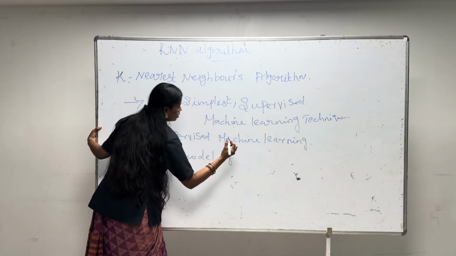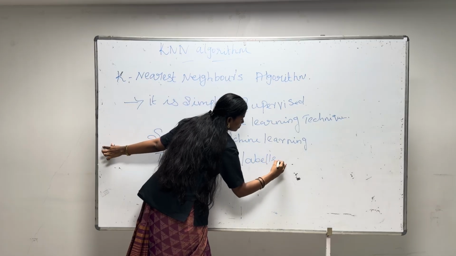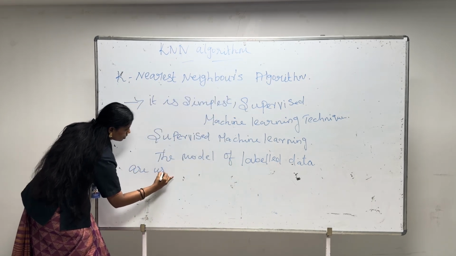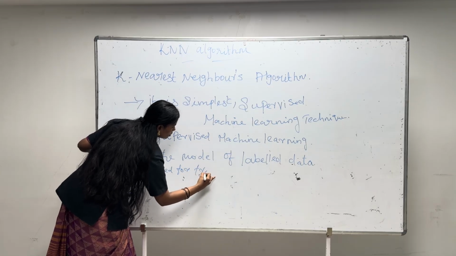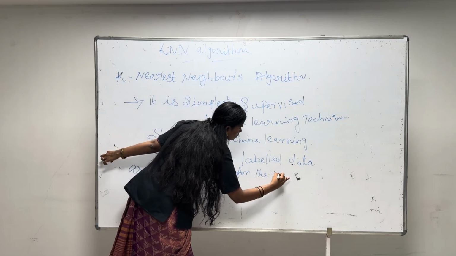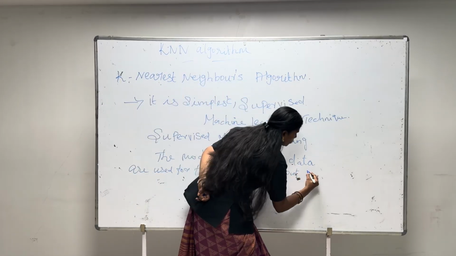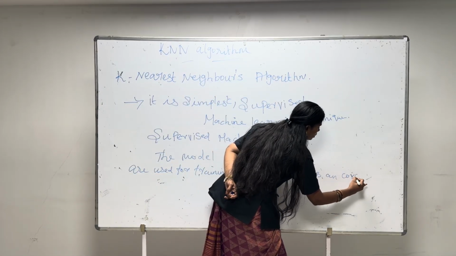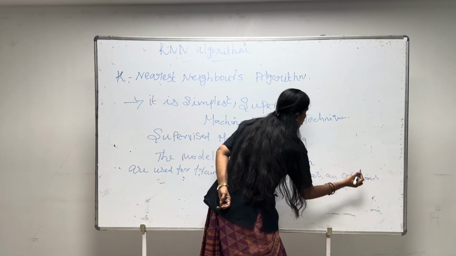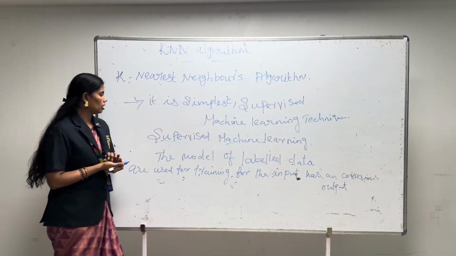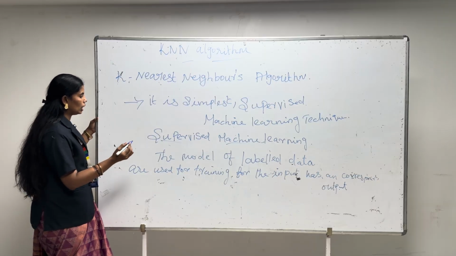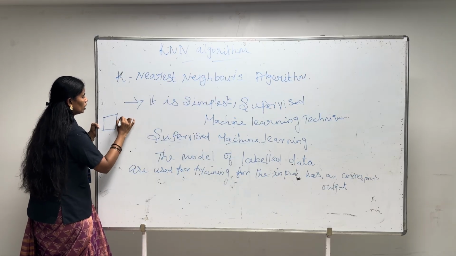It is a model where labeled datasets are used for training, and the input has a corresponding output. It means that the supervised machine learning model uses labeled data for training, and each input has a corresponding output. The labeled data is nothing but the input to which we have already given the name.